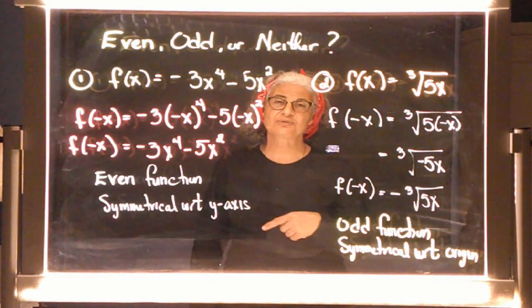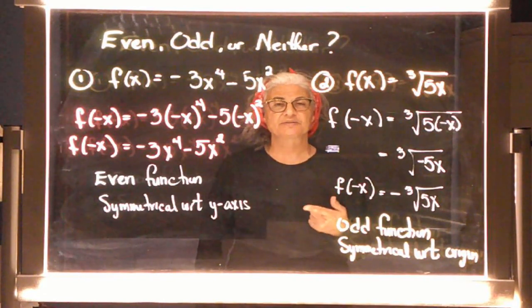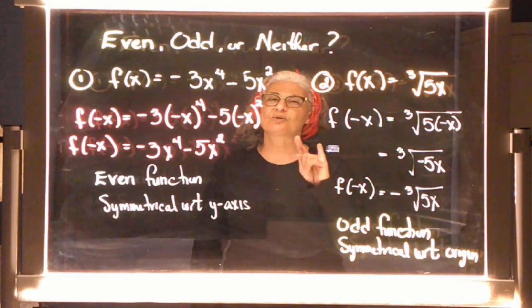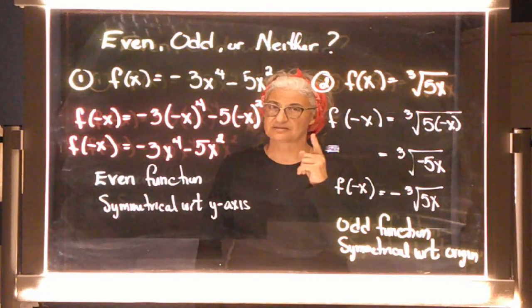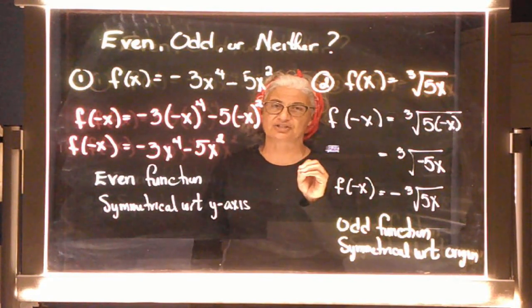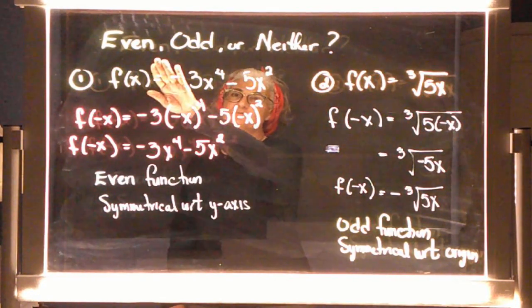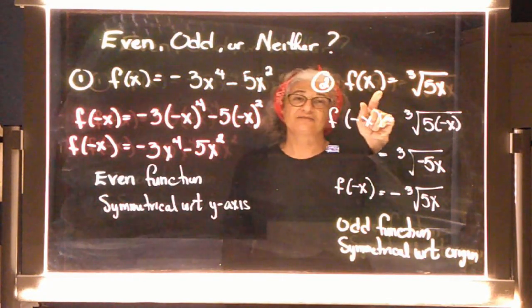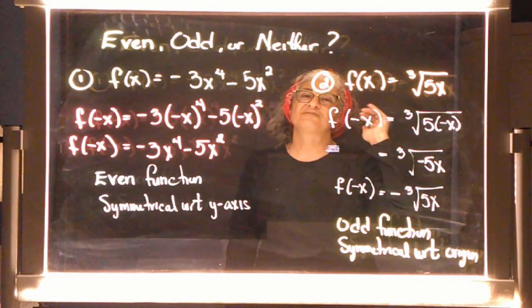Well, go back to one of the previous lectures where we talked about symmetry. If you're going to have x-axis symmetry, that means the y's are changing. Even symmetry says you plug in for x. Odd function tells you plug in for x.